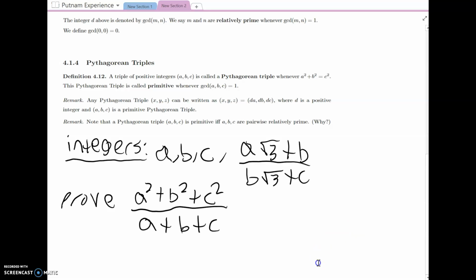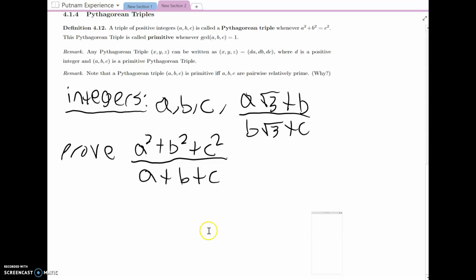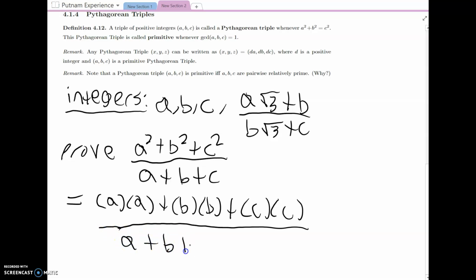And this is very interesting. The way I'm looking at the problem, you could do something like this. You have a times a, plus b times b, plus c times c, over a + b + c.